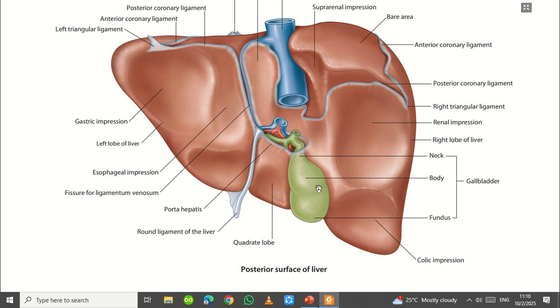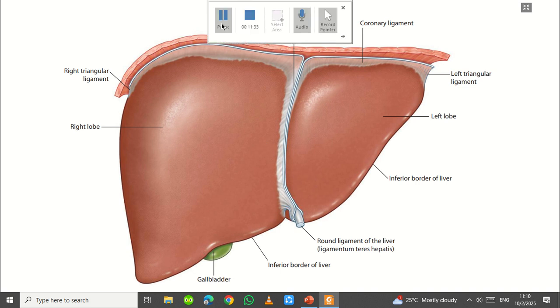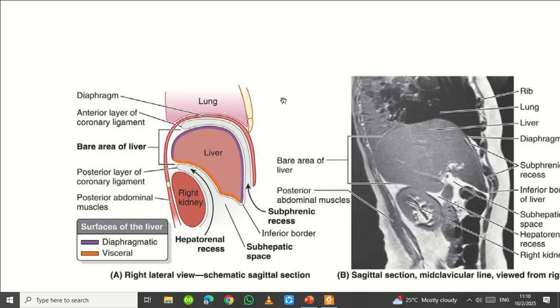Right. Another important fact about the falciform ligament is this. If you are to look at this orientation of the liver, let me show you. Right, so there are recesses or spaces that are formed by the folding of peritoneum.